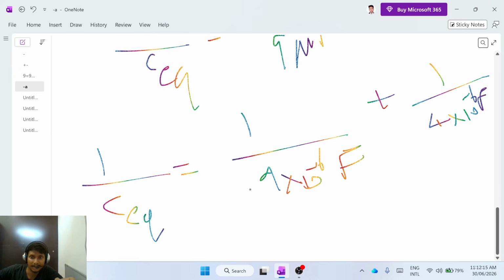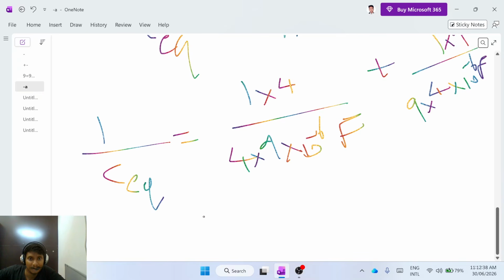We have to make the denominators equal. Therefore, I multiply the numerator and denominator by 4 here, and here I multiply the numerator and denominator by 9.